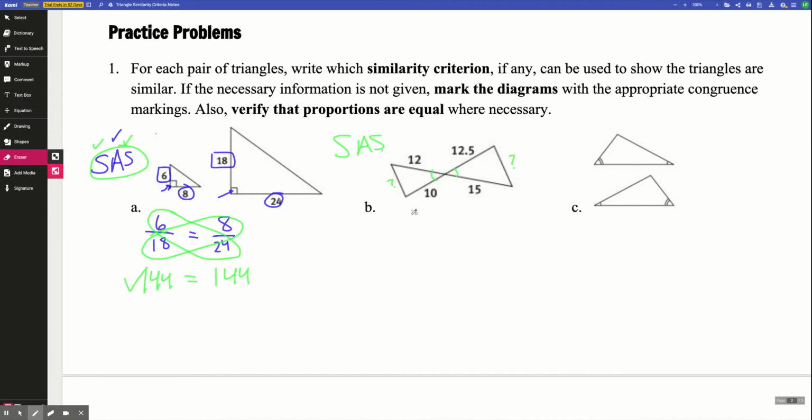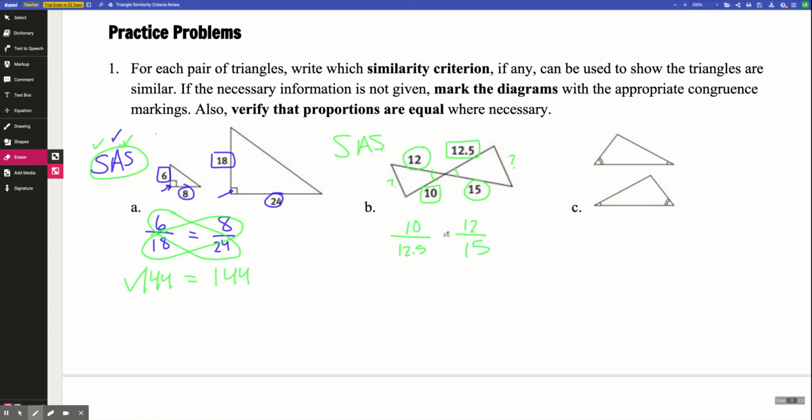Let's set up these proportions. I'm still matching the smallest side with the smallest side in the other triangle. So I have 10 over 12.5, and then 12 over 15.